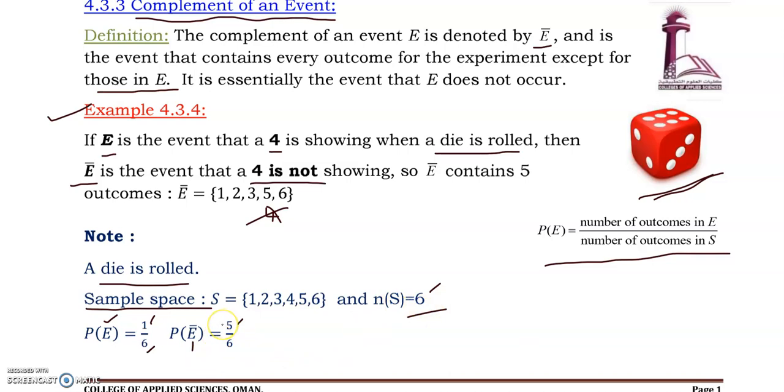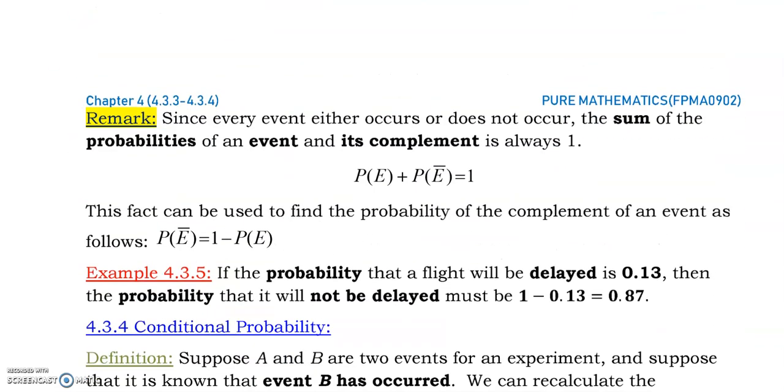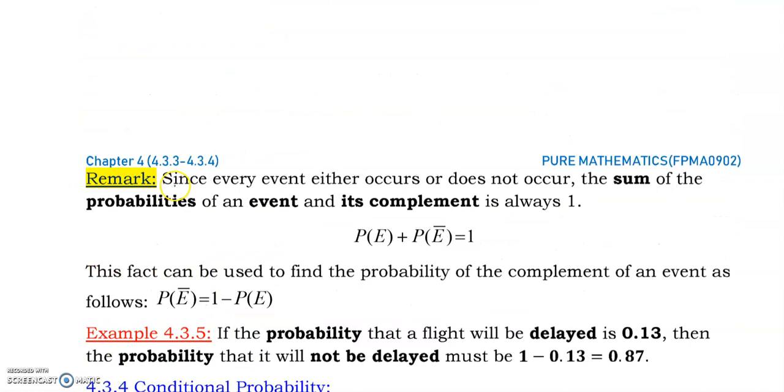Now we see one remark. Since every event either occurs or does not occur, the sum of the probabilities of an event and its complement is always 1. That is, probability of E plus probability of E complement is equal to 1. Here E is an event.